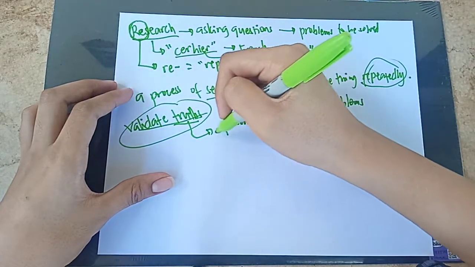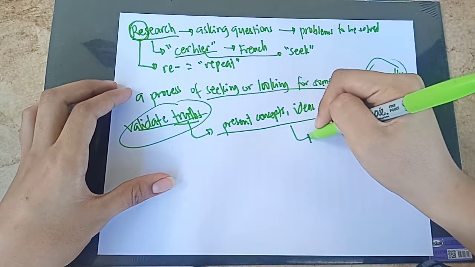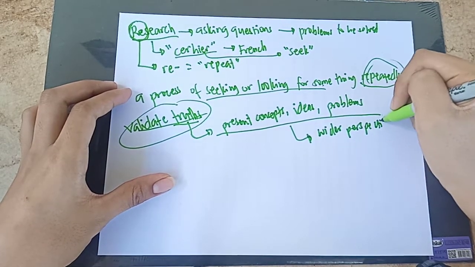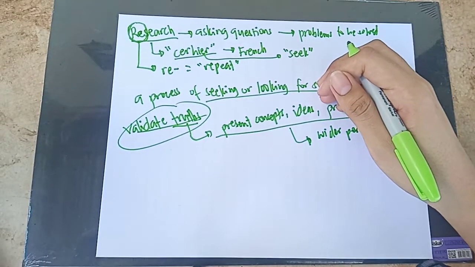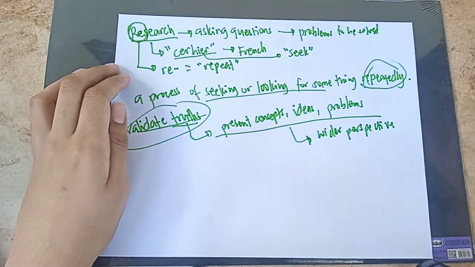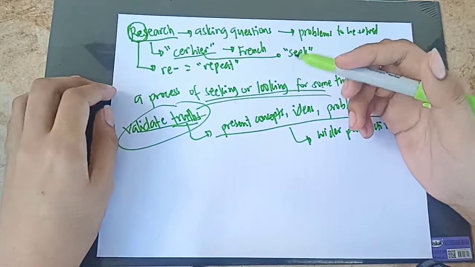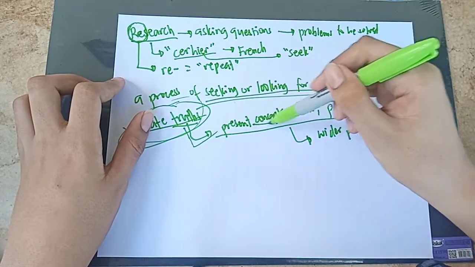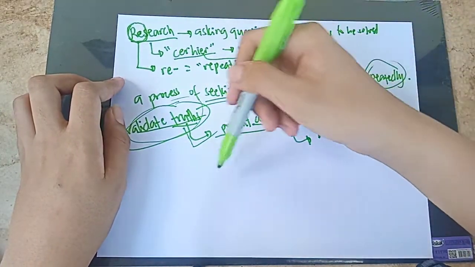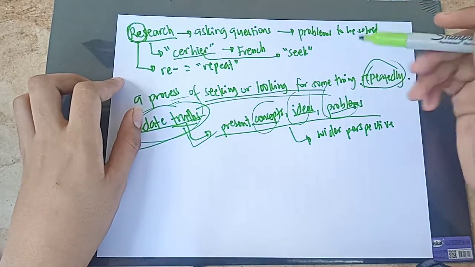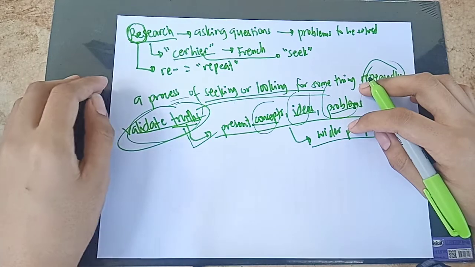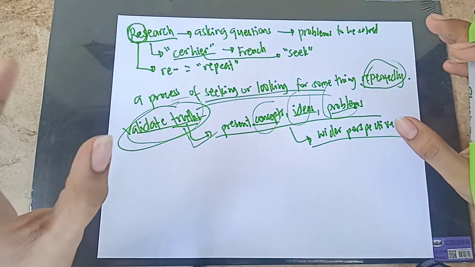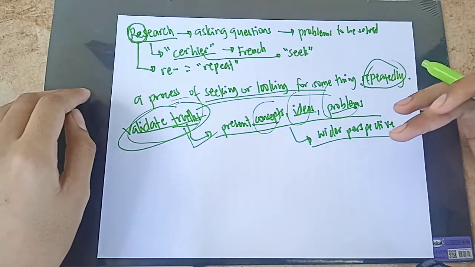And this validation of concepts, ideas, and problems will lead to a wider perspective. That is the main goal of research as to why it has a repetitive nature.